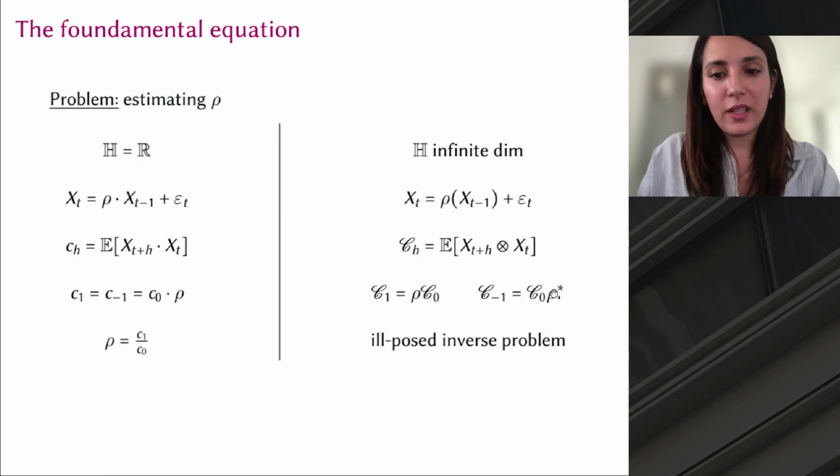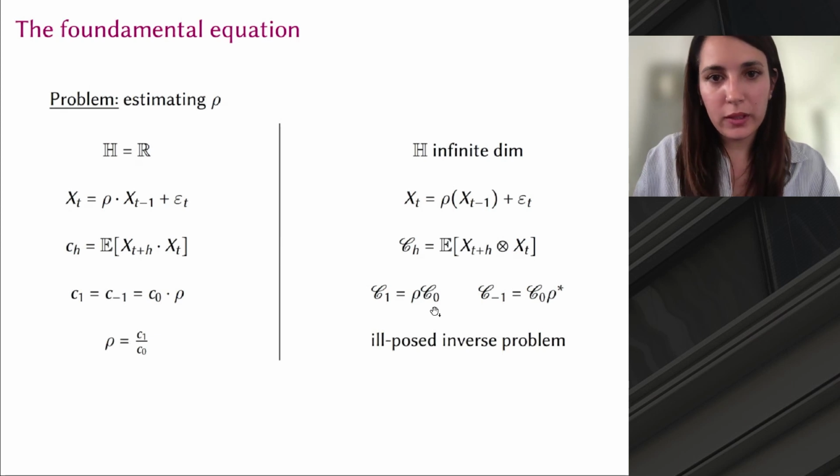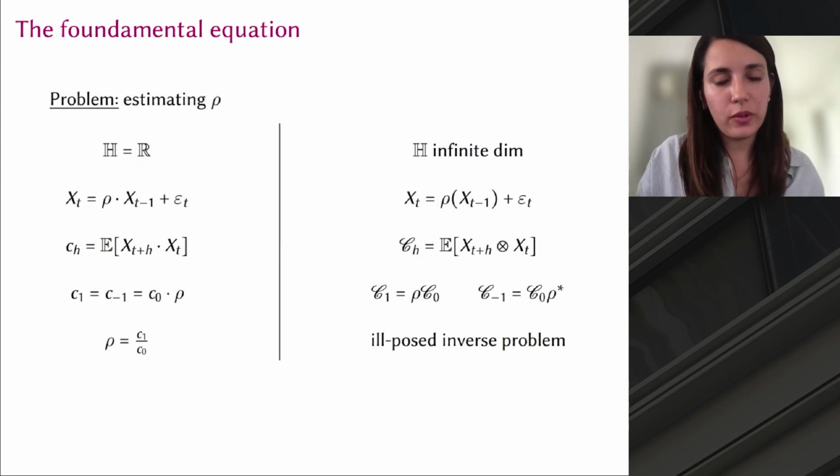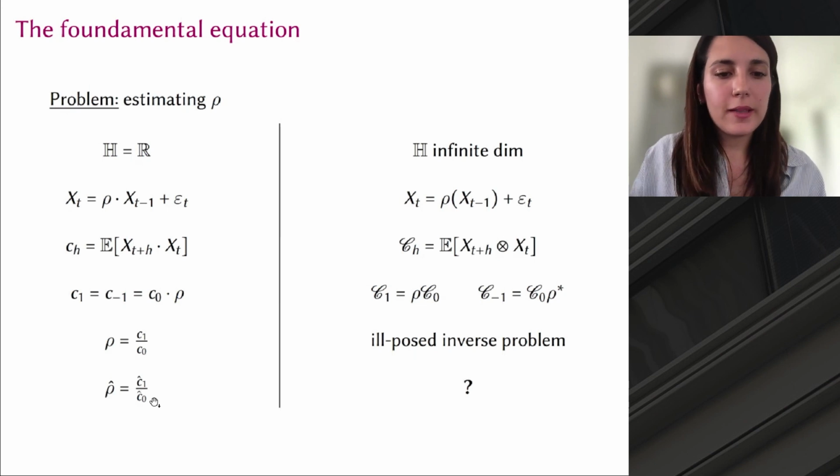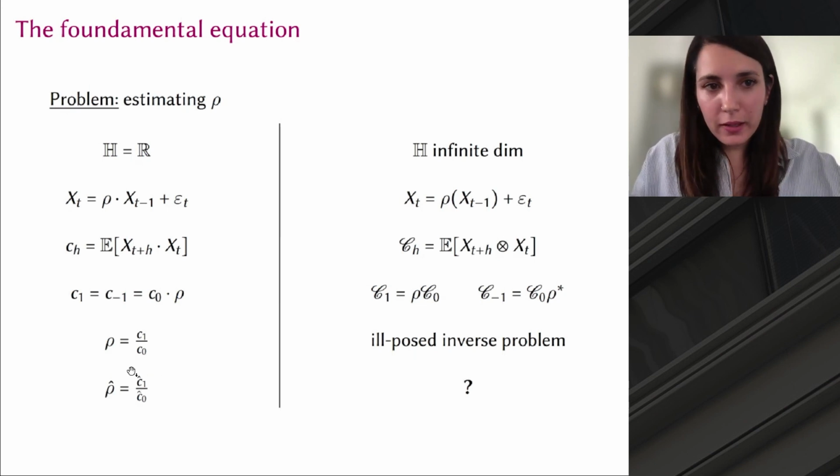But the inversion of this relation is not really easy because C1 and C0 are bounded estimators, so you cannot really invert C0 because it would be an unbounded estimator. So this is an ill-posed inverse problem. So how can you estimate, for instance, rho?